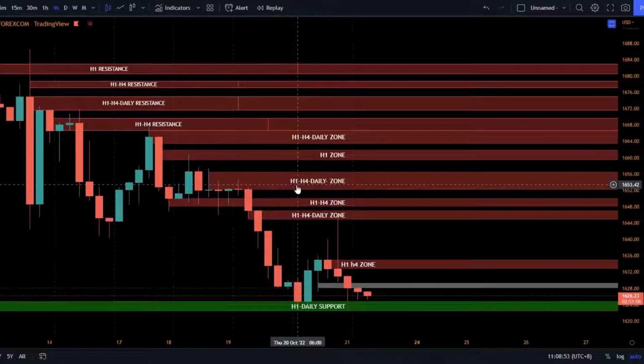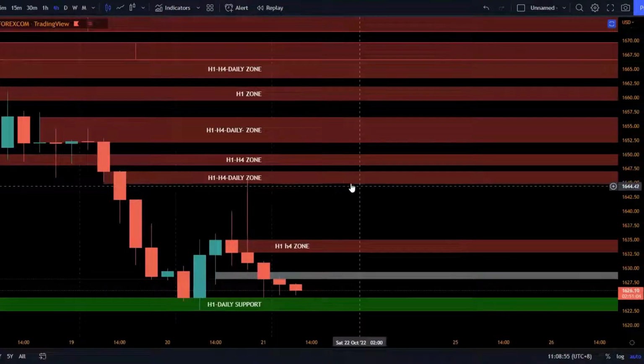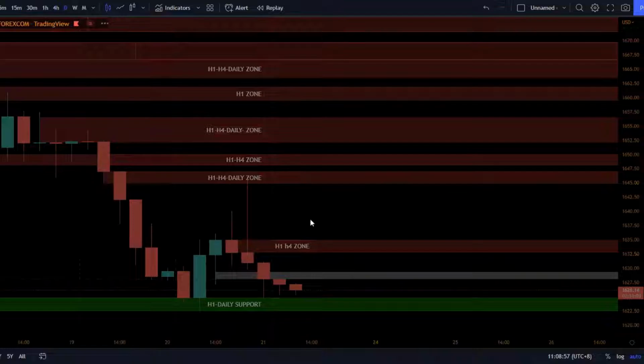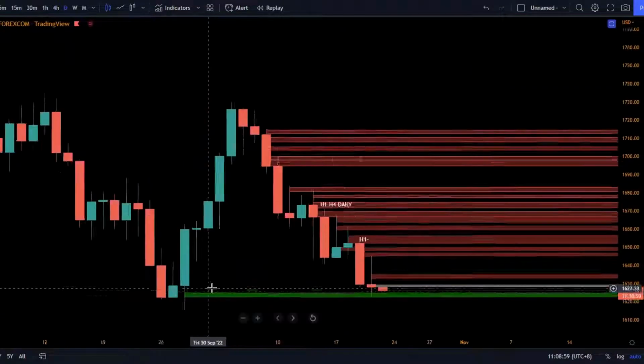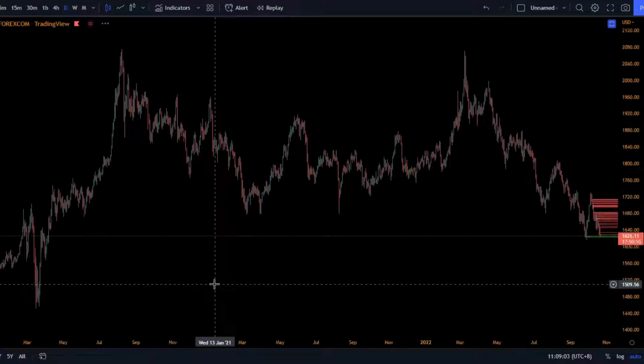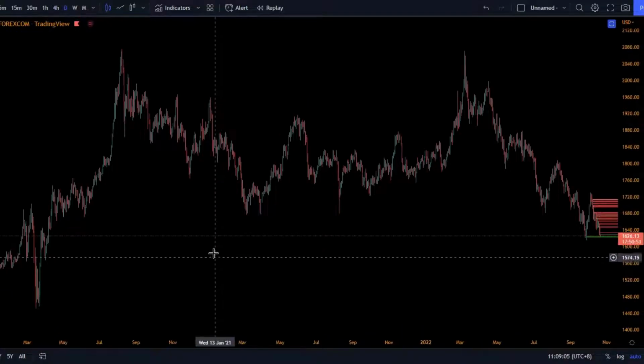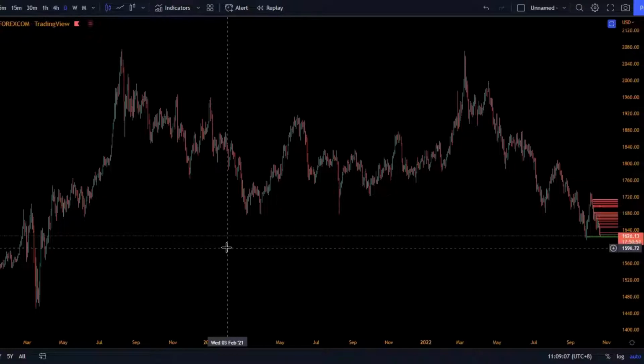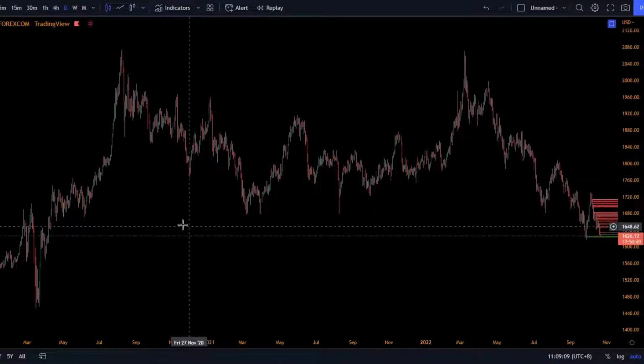So going back to our chart. So okay, this is daily. So I plotted only one support because gold has a very long support.